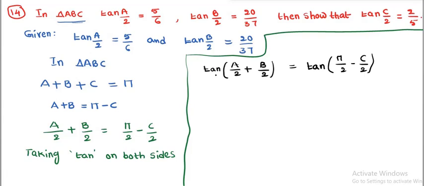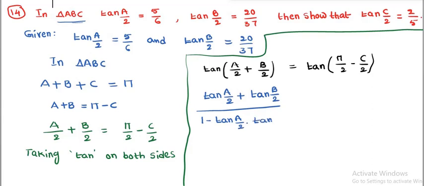So what is the formula? Tan of A plus B form. Comparing with tan of A plus B, replacing A by A by 2: tan A by 2 plus tan B by 2 by 1 minus tan A by 2 into tan B by 2 is equal to tan of 90 minus theta, and tan of 90 minus theta becomes cot C by 2.